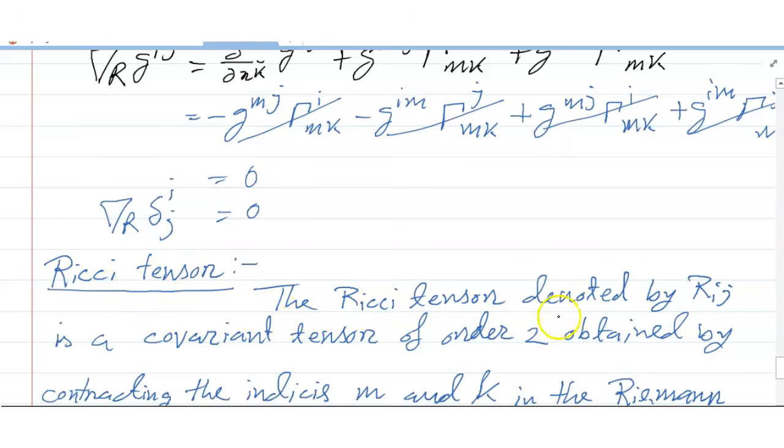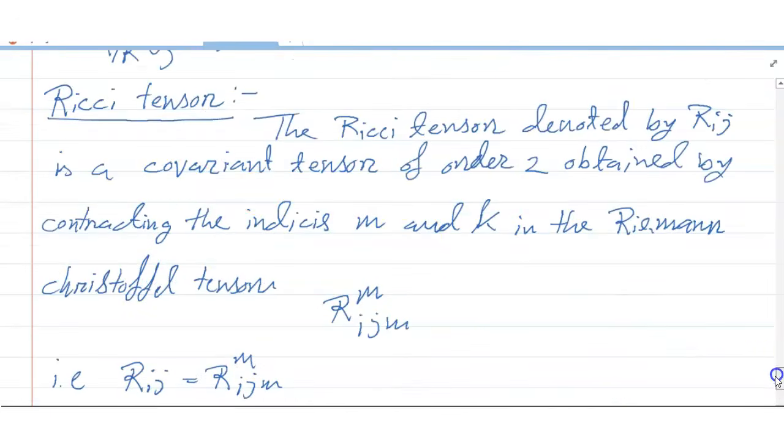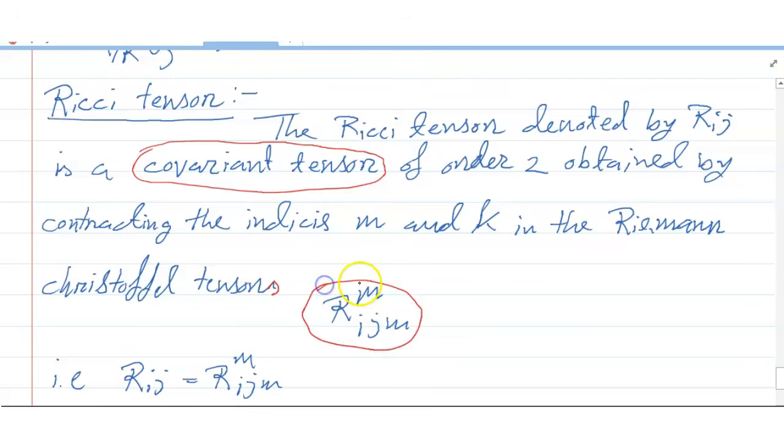The Ricci tensor denoted by R_{ij} is a covariant tensor of order 2, and it is obtained by contracting the indices m and k in the Riemann-Christoffel tensor R^m_{ijm}.